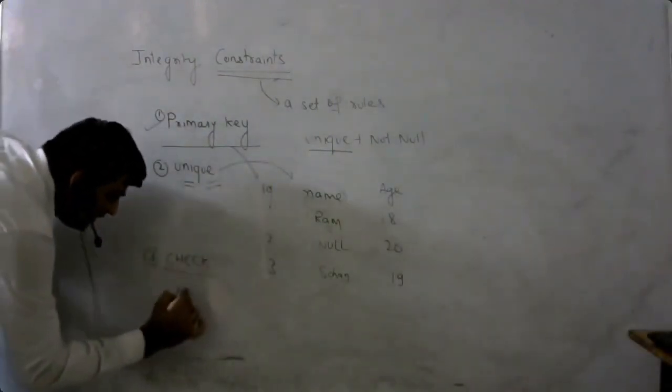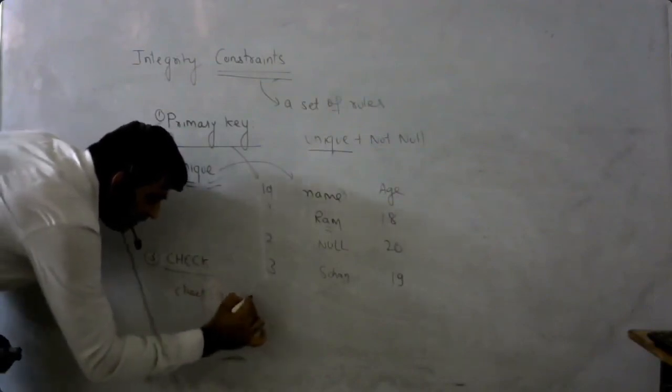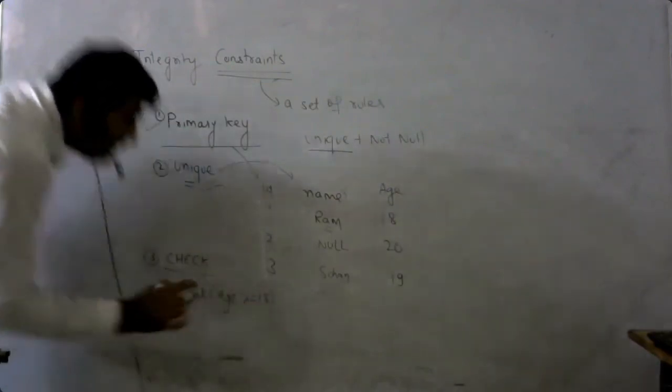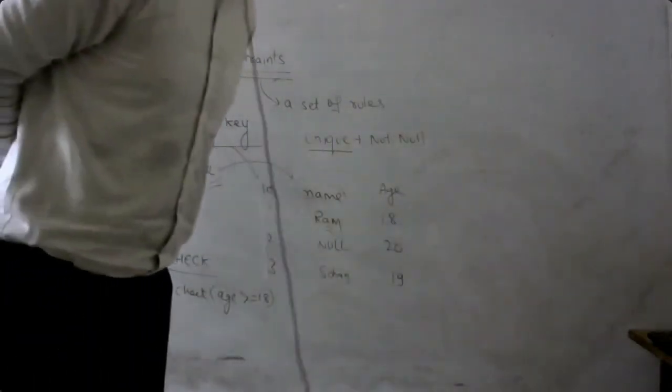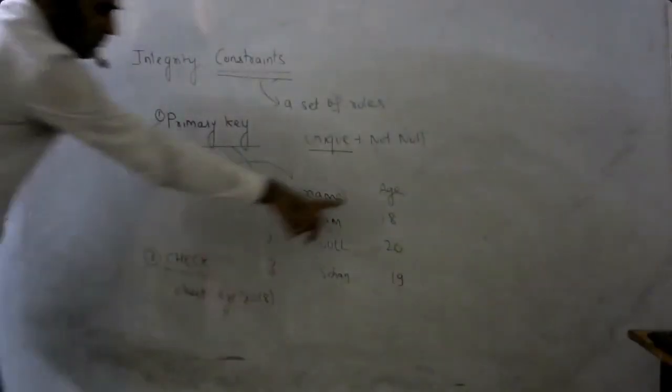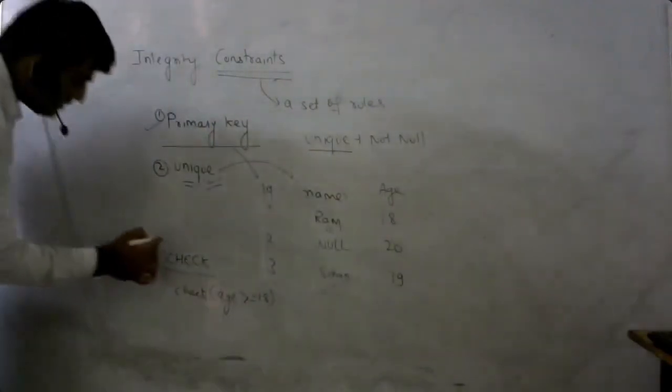This attribute age must be greater than or equal to 18. If some student comes and says, sir, I am 17 years old, no, you are not allowed, because we have a constraint that age must be equal to or greater than 18. So this is the check constraint.